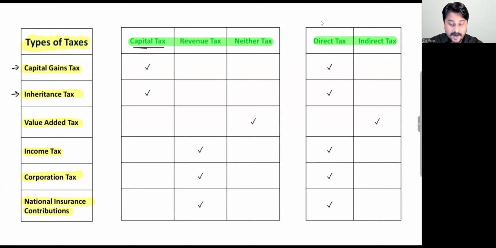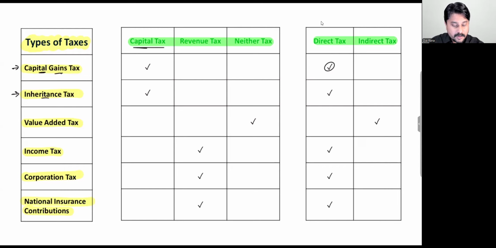And why are these two direct taxes? Because over here, when an individual person disposes of any asset on a gain, this tax is directly applicable on the gains amount, so that's the reason it's a direct tax.